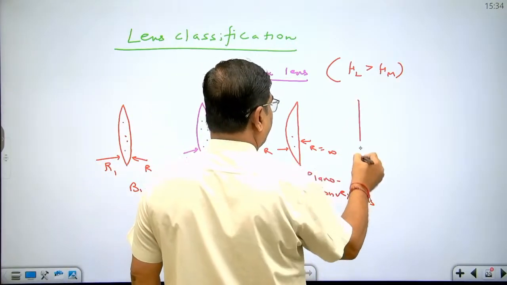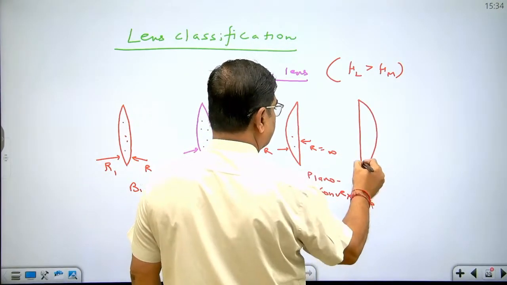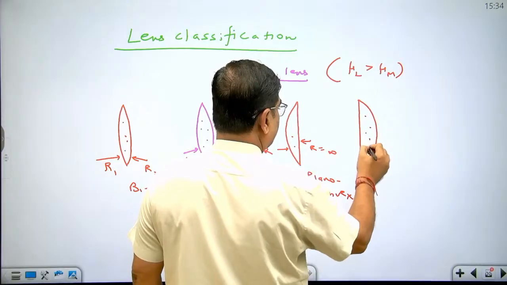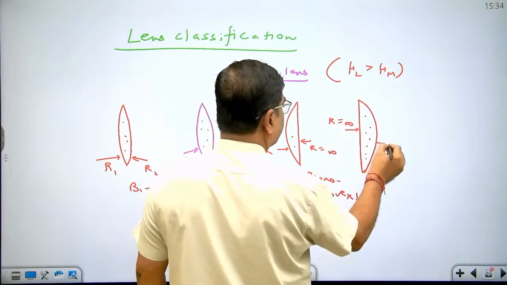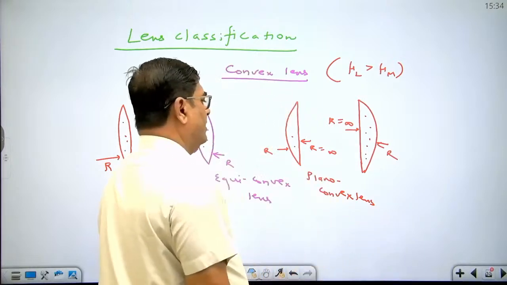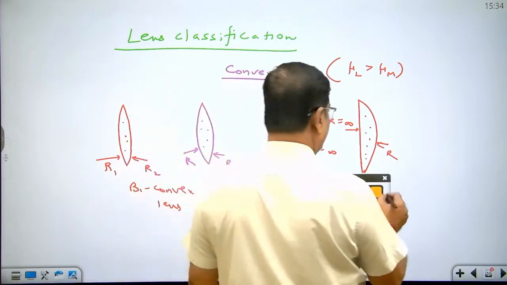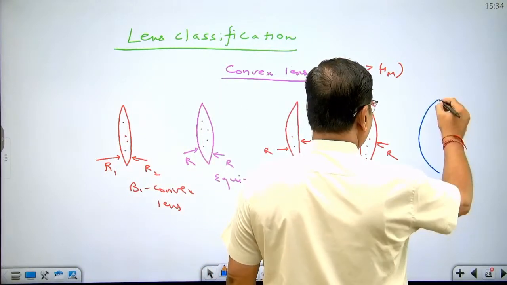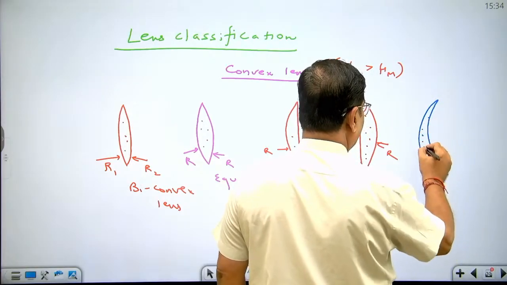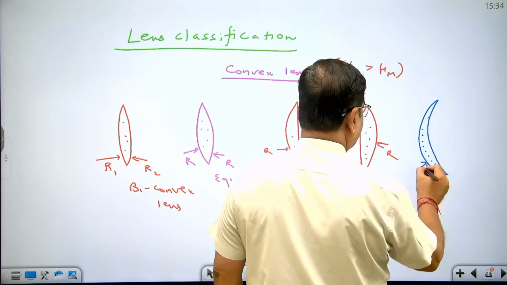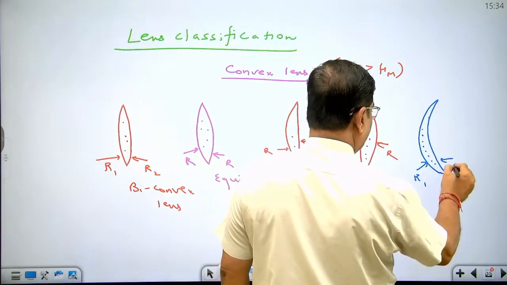This can be of this type also. Here R equal to infinity and this is R. And if the lens is of this type, this is R1 and this is R2.